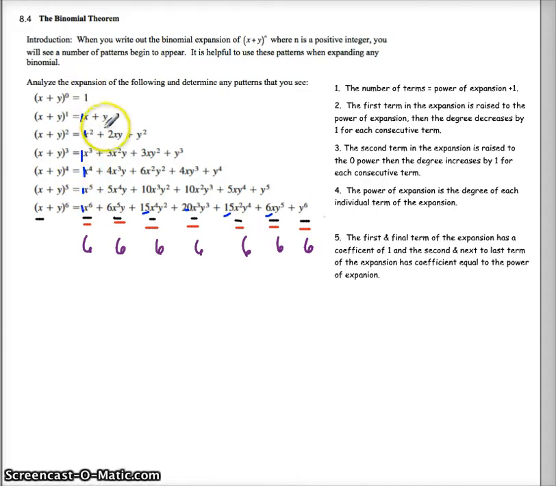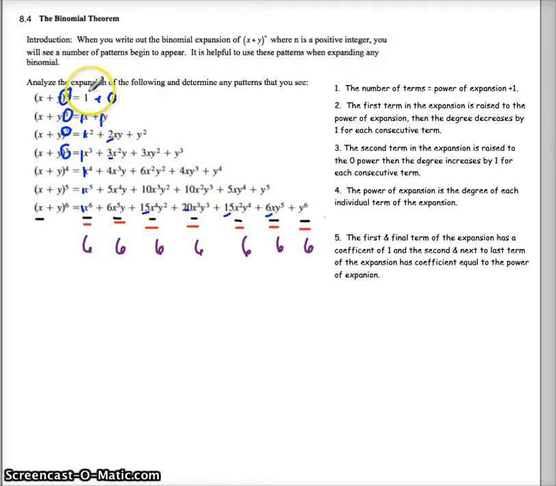The second term in the expansion, its coefficient matches the power of expansion. Second term here is plus 0. Power of 1, second term coefficient of 1. Power of 2, second term coefficient of 2. Power of 3, second term coefficient of 3, and so on.